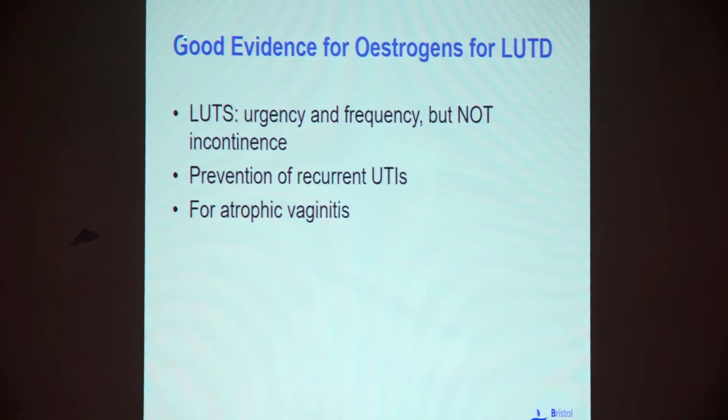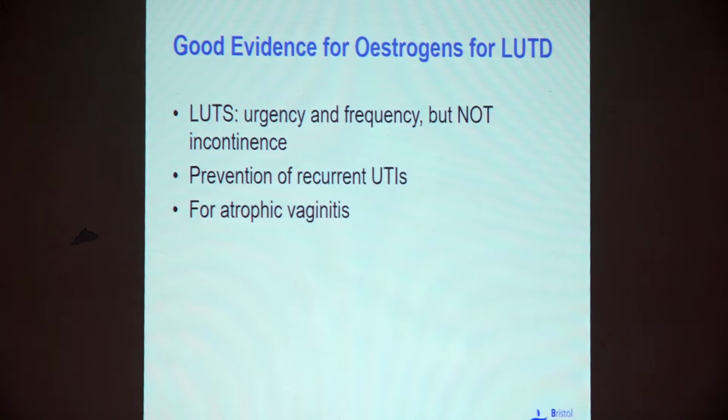What about the evidence? There's some good evidence for estrogens in lower urinary tract dysfunction. There's evidence that urgency and frequency, so part of the OAB syndrome, is improved by estrogens. Now, by estrogens, I'm talking about topical estrogens, because as you know, systemic estrogens after the menopause are not widely recommended these days, and many patients would refuse to take it.